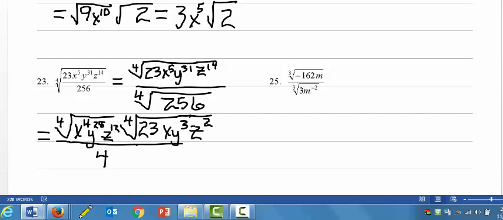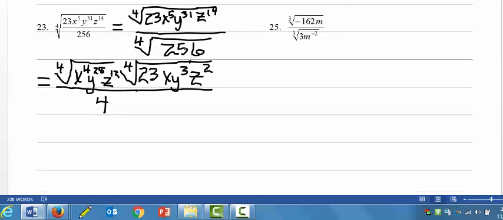So notice in a fourth root that simplified, only the powers of 1, 2, and 3 can remain. So let's apply the fourth root to x to the fourth to get x.